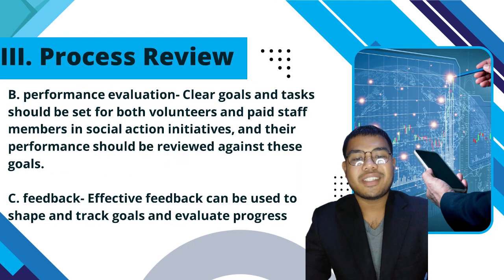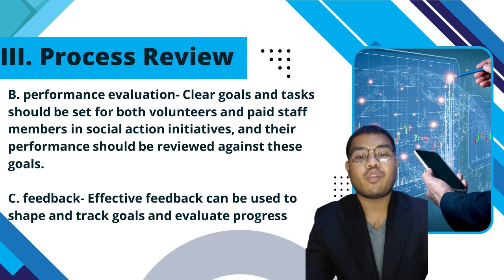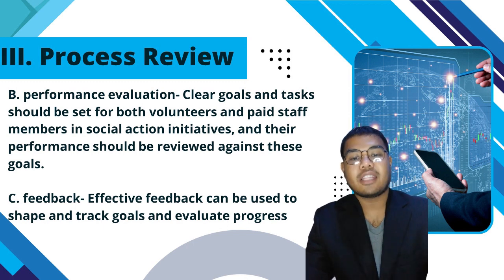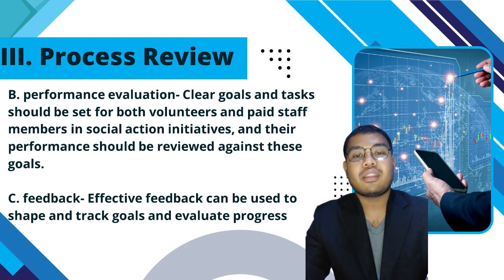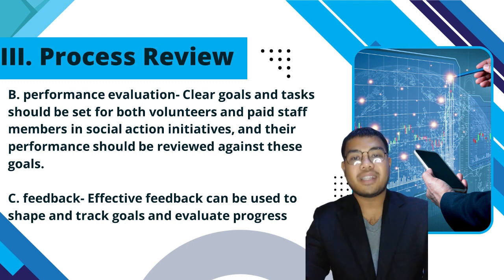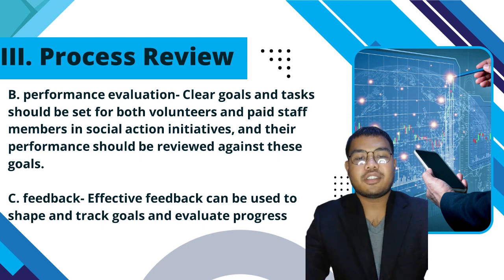Now let's move on with the second process review, which is the performance evaluation. Clear goals and tasks should be set for both volunteers and paid members in social action initiatives. It simply means that whether you're a volunteer or a paid member, it is very important to have an evaluation to determine the performance that you have invested in the social entrepreneurship actions.